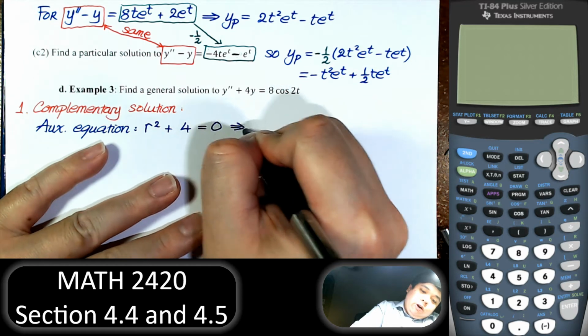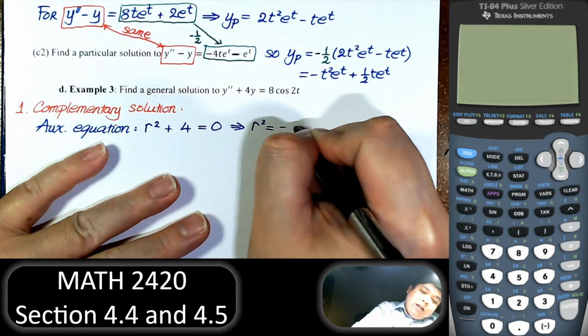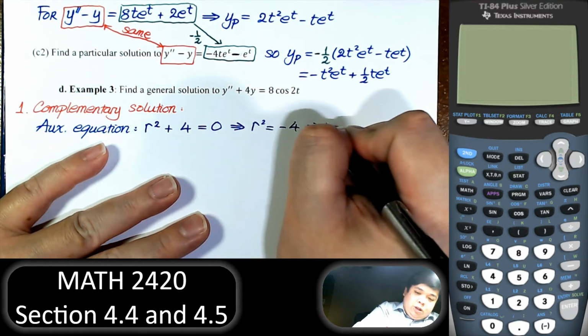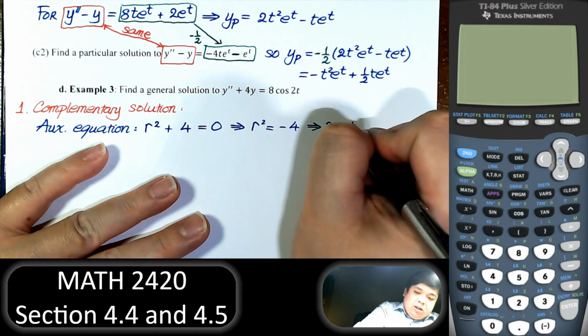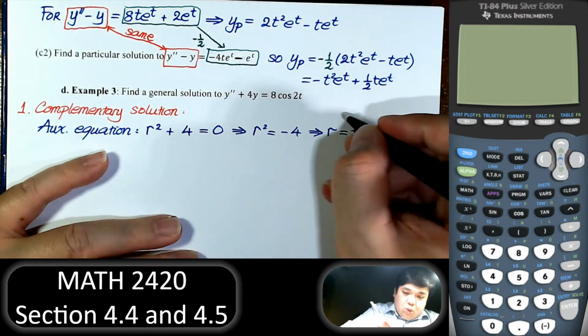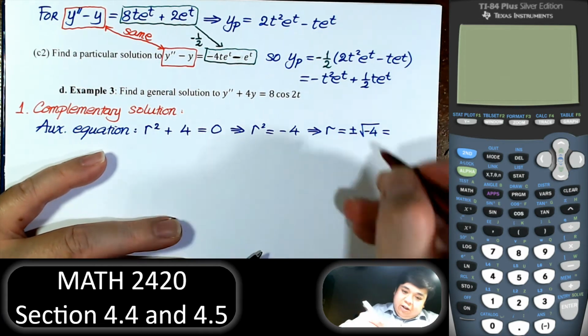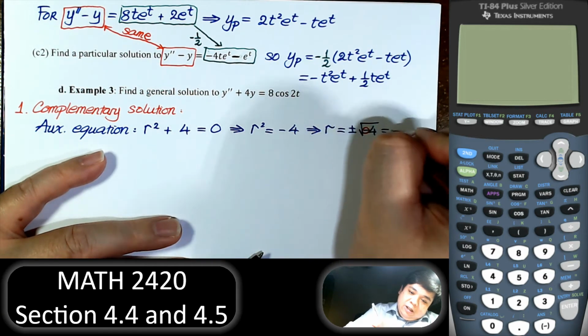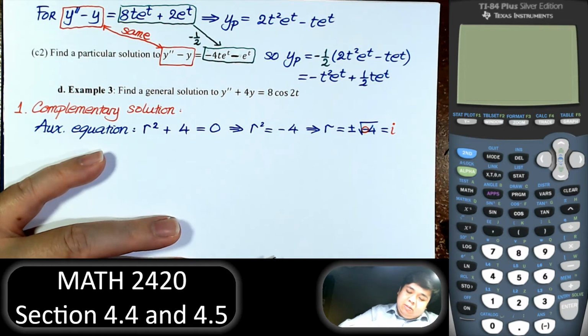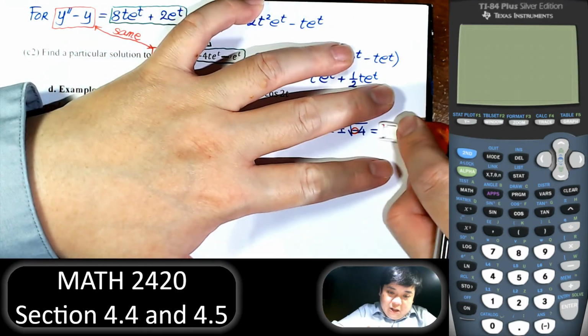So we solve for r squared, that's negative 4, so r equal to plus or minus the square root of negative 4, which gives us imaginary, because of the plus or minus.